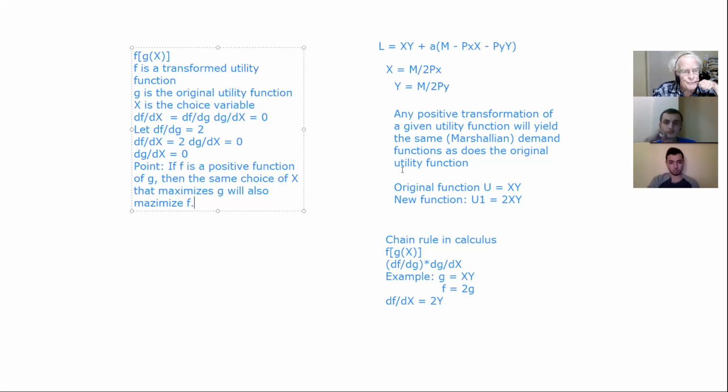So if we don't like the utility function of 2xy, we can use something simpler and substitute it for the original utility function. We have the same solution to either of these utility functions. That's the idea.